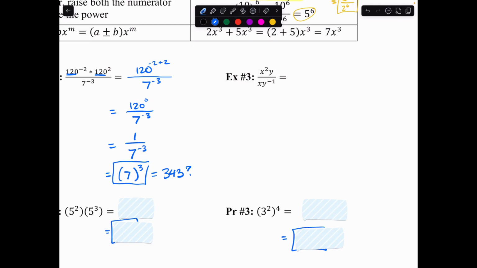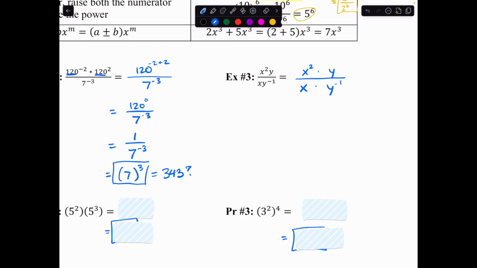And then our last example, we have some variables, but we can still apply these exponent properties in the table we have above. So I've got x squared times y over x times y to the negative 1.